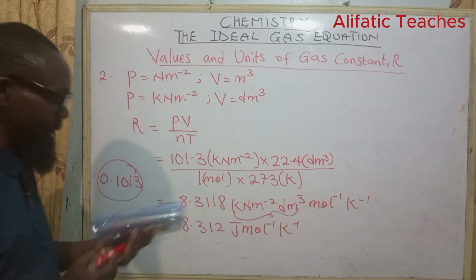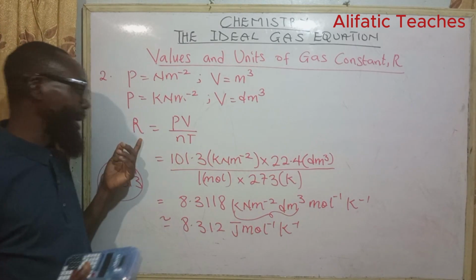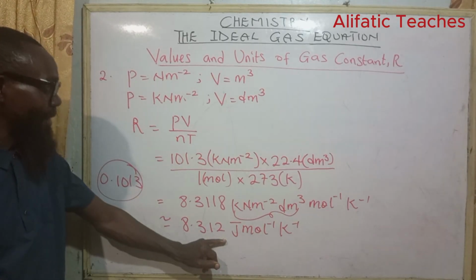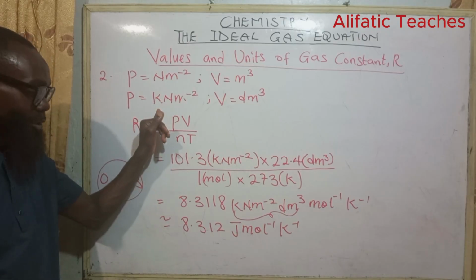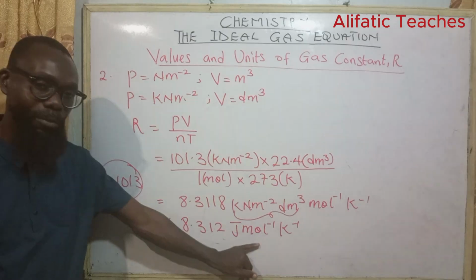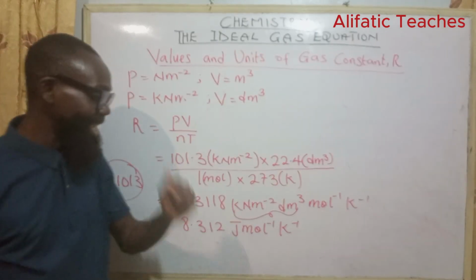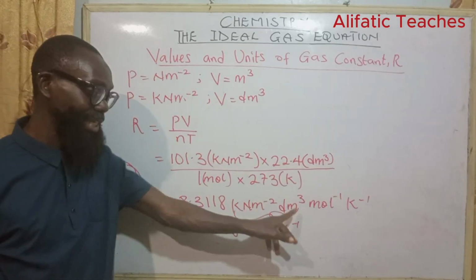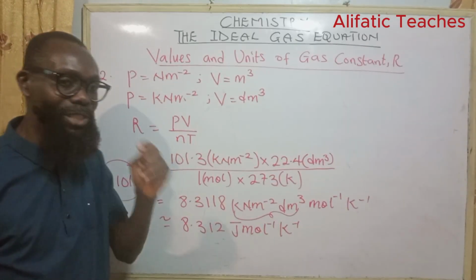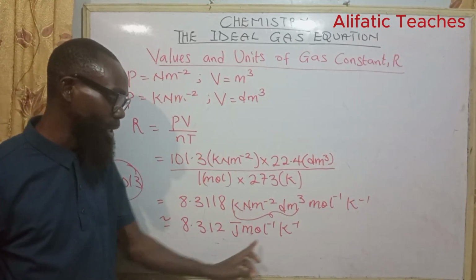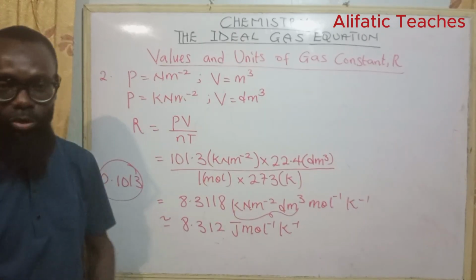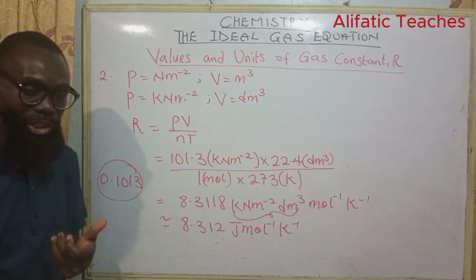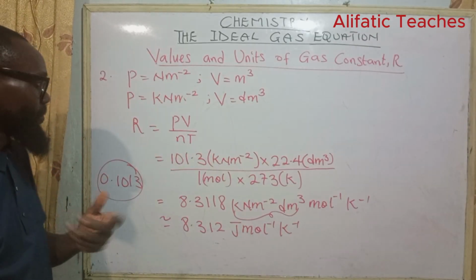So the shorter unit of our gas constant, when our pressure is in kilonewton per meter square, is joule per mole per Kelvin. So when you see in your objective question kilonewton per meter square dm³ per mole per Kelvin, you know it is actually the same thing as joule per mole per Kelvin. So these are the two values we are going to be using in doing our calculation of the ideal gas equation.